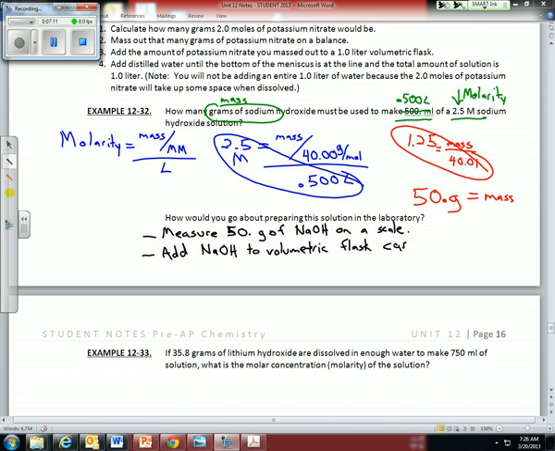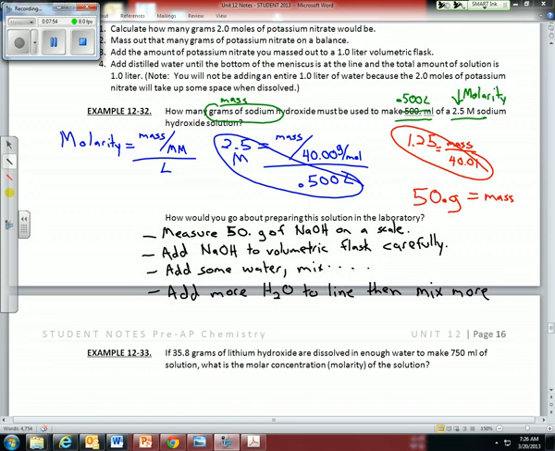Carefully. Add some water. Mix. Okay. Add more water to line, then mix more.